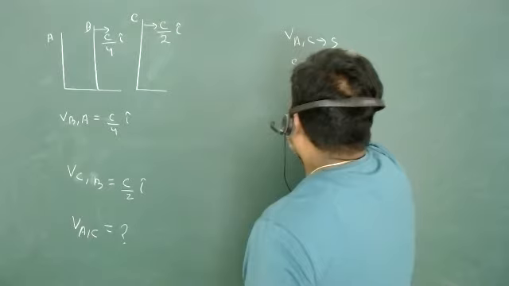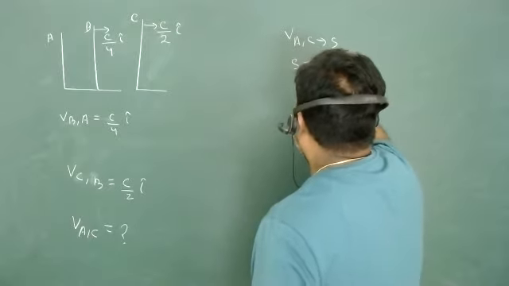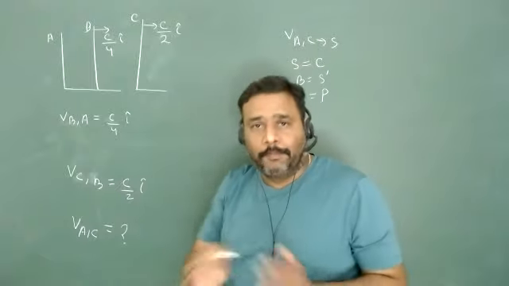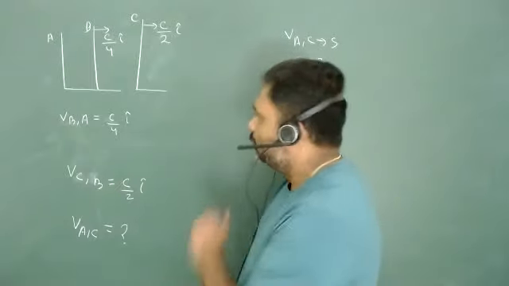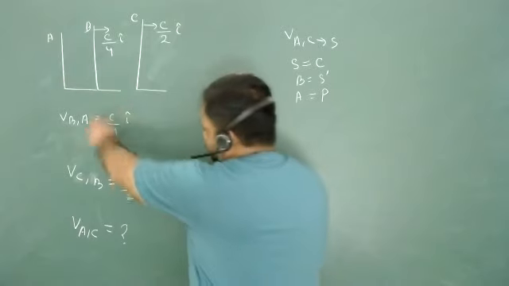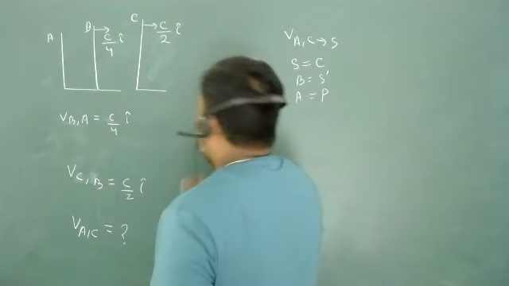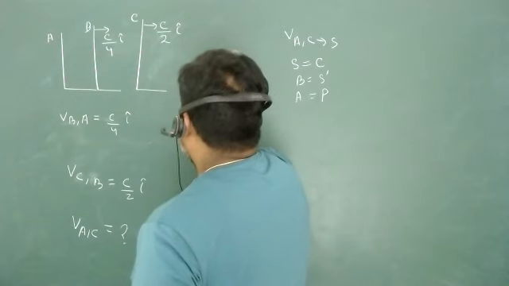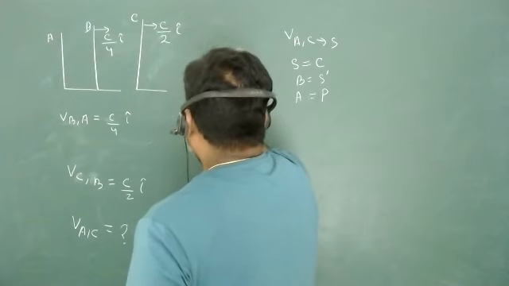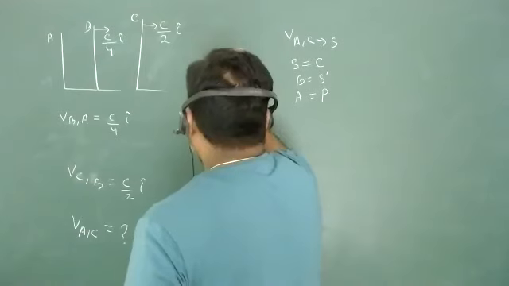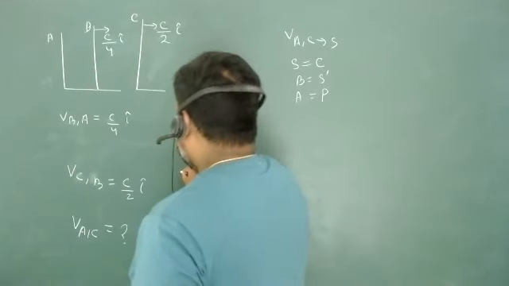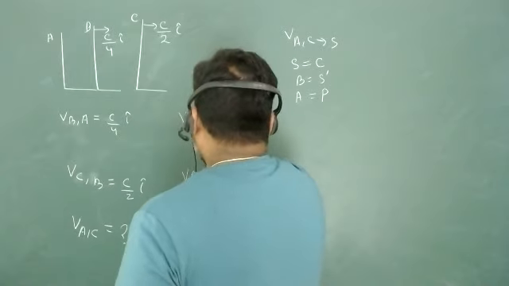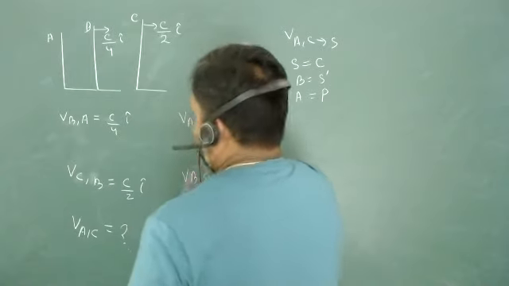Then obviously B will again be S dash, but the number is going to change. Look at how this number is going to change. Okay, this is one piece of information. I need another. Velocity of A with respect to B is nothing but minus C by 4 I cap. Velocity of B with respect to C is nothing but minus C by 2 I cap.